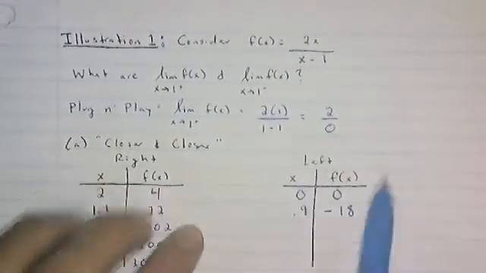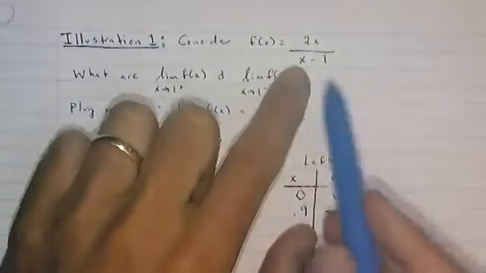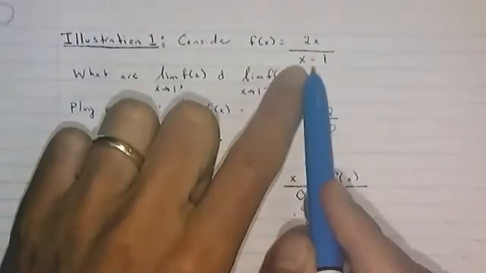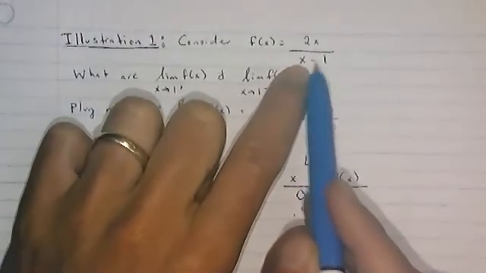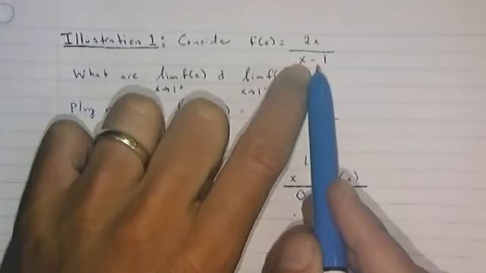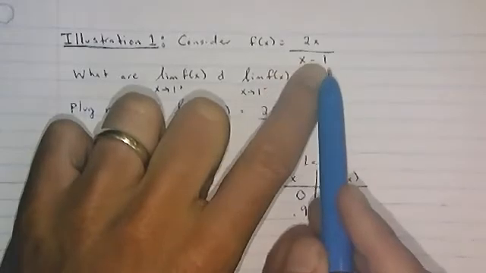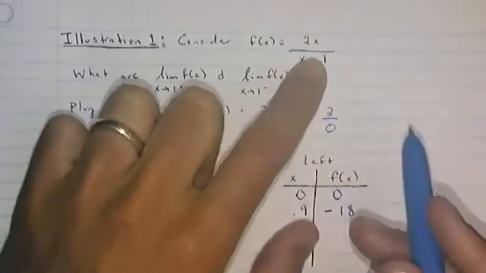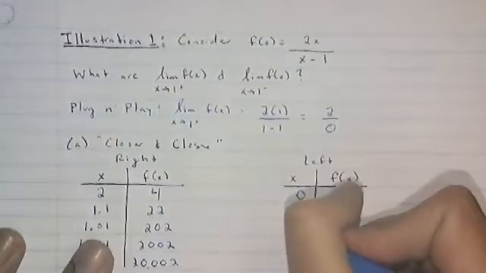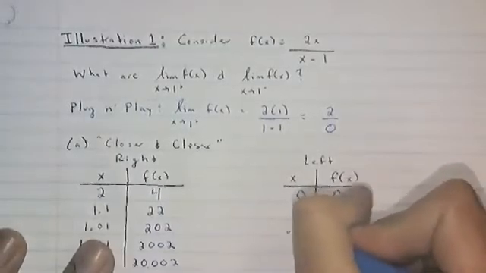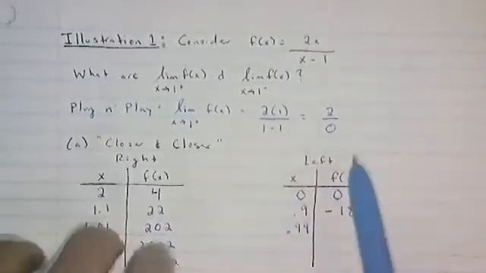The negativity of this function value comes from this negative difference here. Because we're choosing values slightly less than 1, something slightly less than 1 minus 1 gives you a negative number. And that will continue as we choose exceedingly closer numbers to 1.